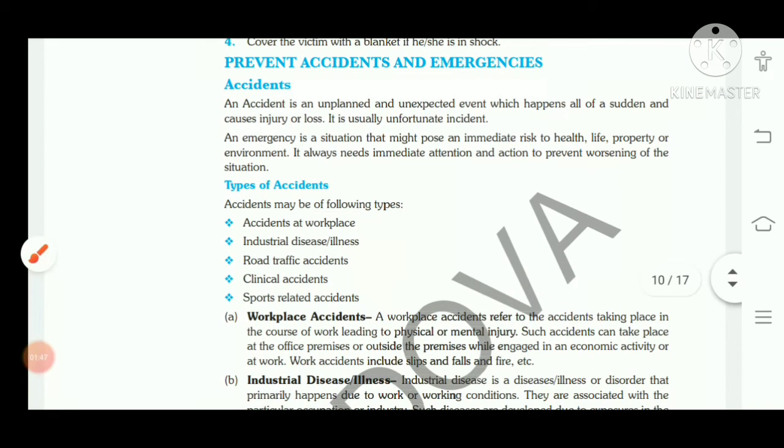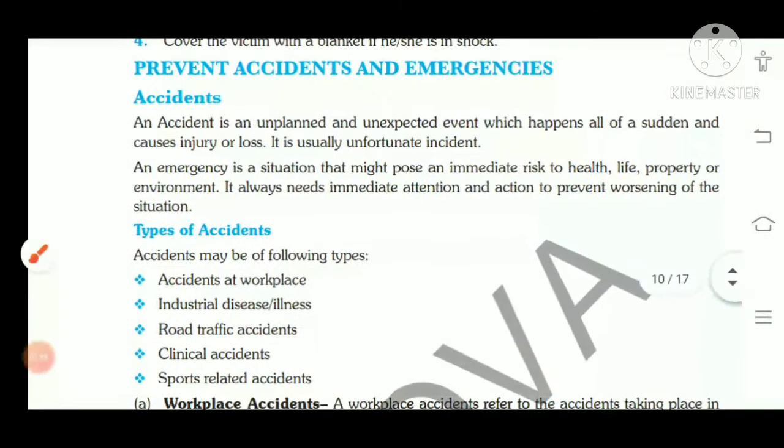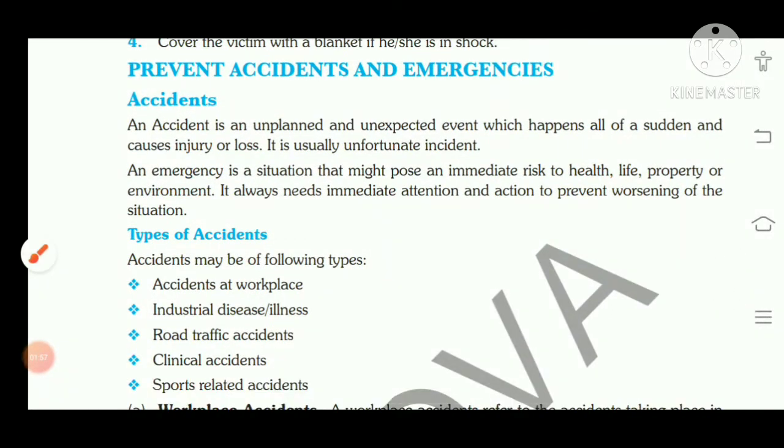And next is how we can prevent accidents and emergencies. Children, this is session number 10 that we cover in today's class, preventing accidents and emergencies. First, what is an accident? An accident is an unplanned or unexpected event which happens all of a sudden, and it causes injury or loss of life.